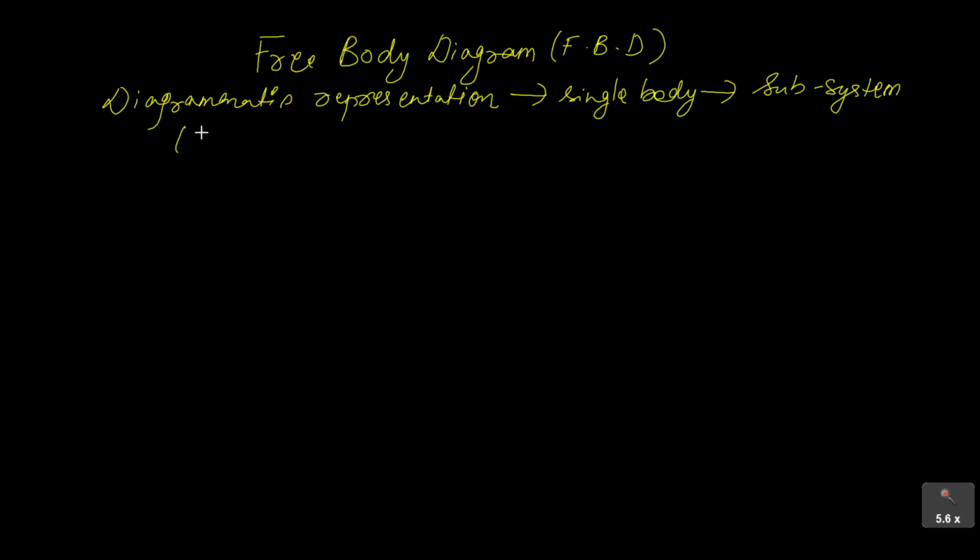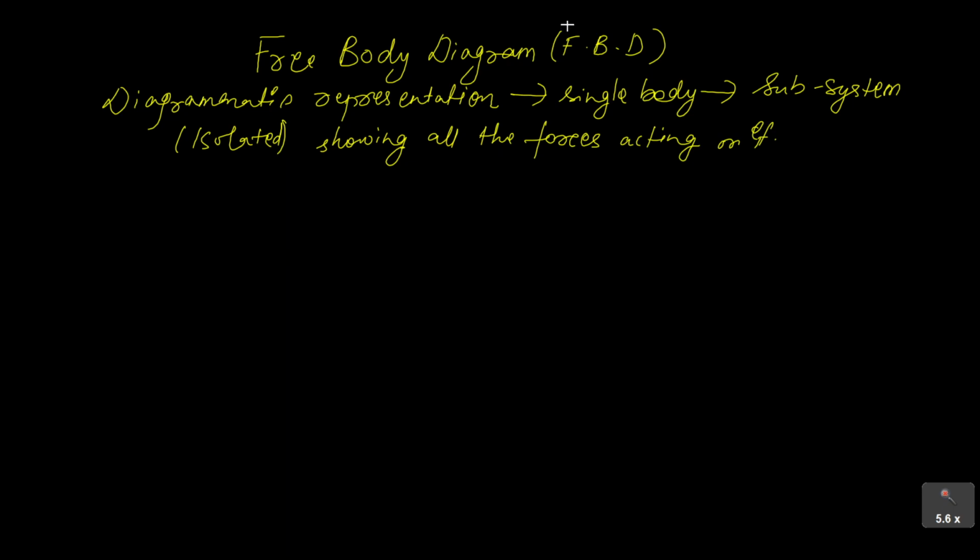And it should be isolated from its surrounding, showing all the forces, whatever the forces that are acting on the body. So it shows all the forces acting on it. Okay, so it is better understood with an example.